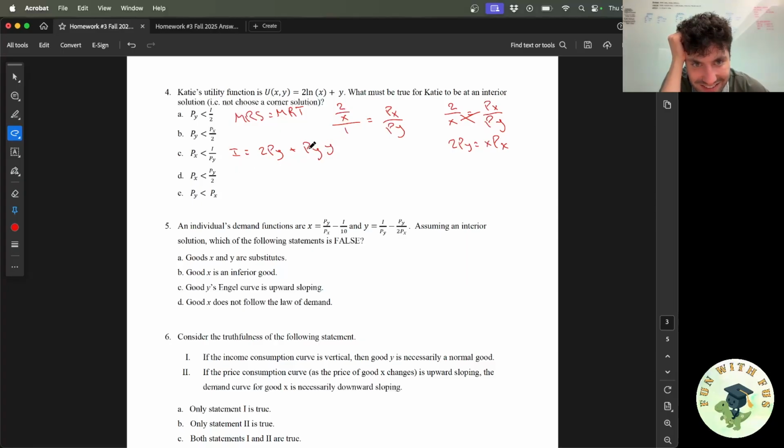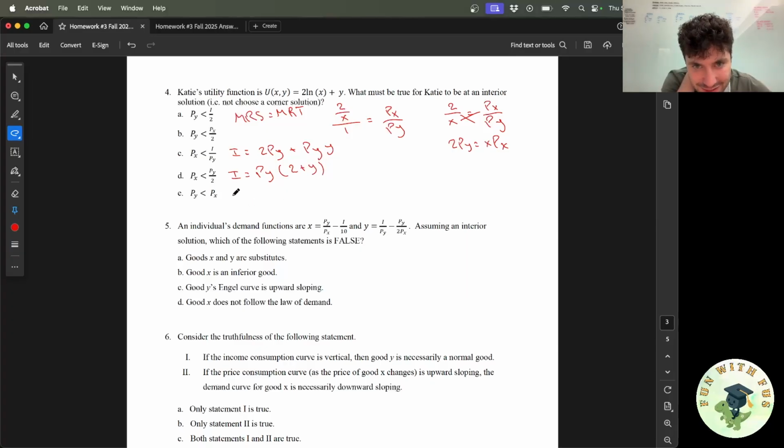If we're at an interior solution, then that means that we are purchasing some amount of X and Y. So I'll just solve for Y, I guess, where I can do I equals PY times 2 plus Y.